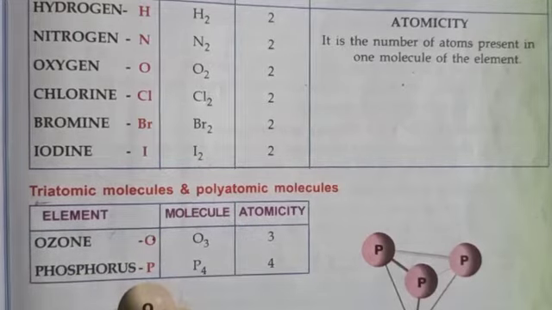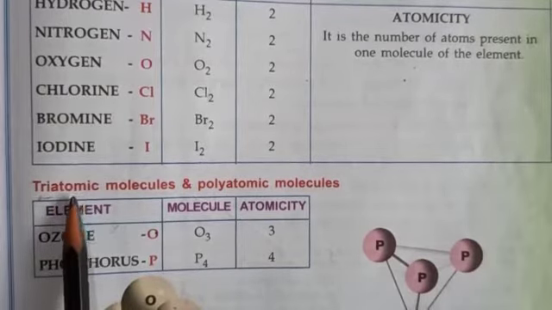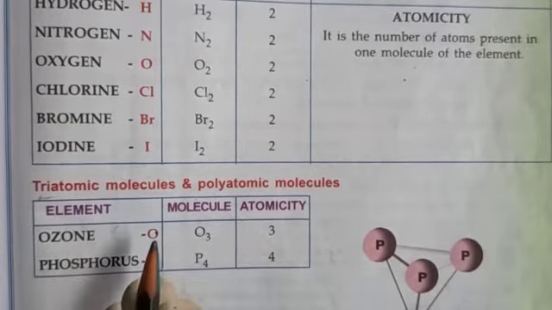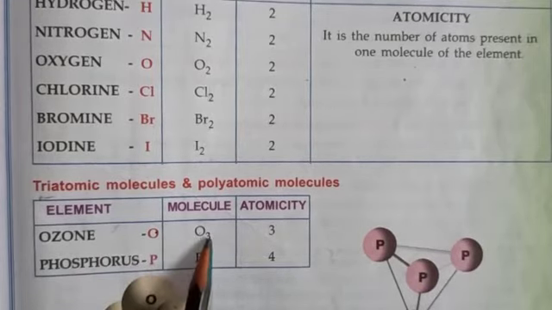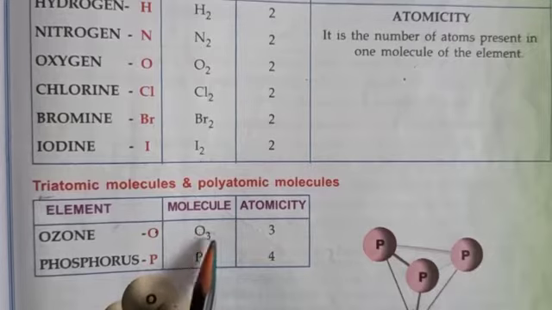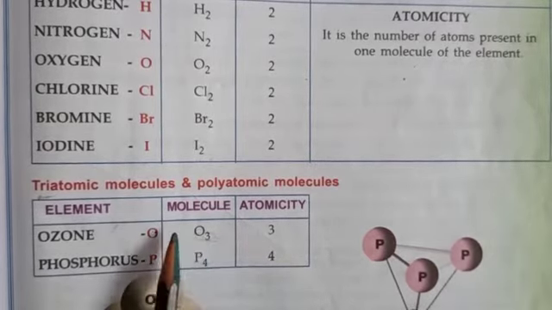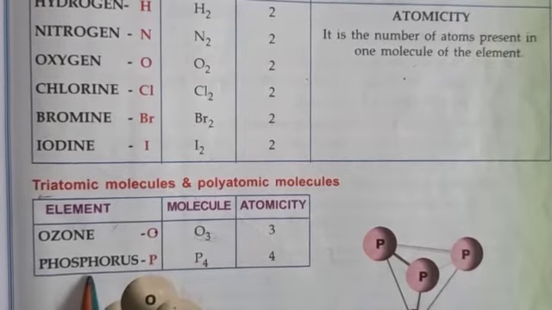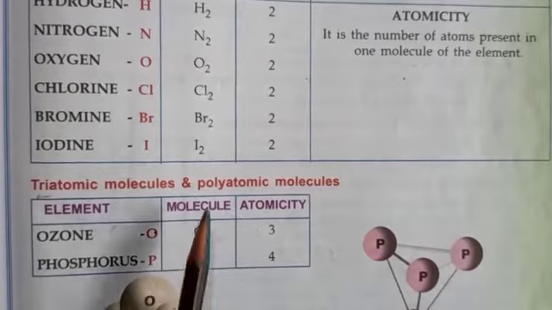Let's take an example of a triatomic molecule, which is ozone, O3. O3 has 3 atoms. Atomicity is the number of atoms present in a molecule. So 3 atoms are present, so this is triatomic. Here in phosphorus P4, 4 atoms are present, so it is called polyatomic.